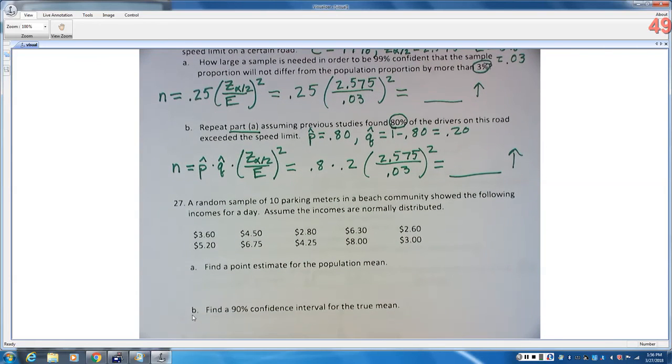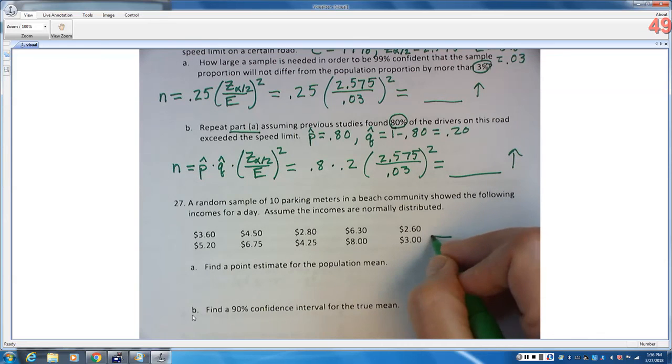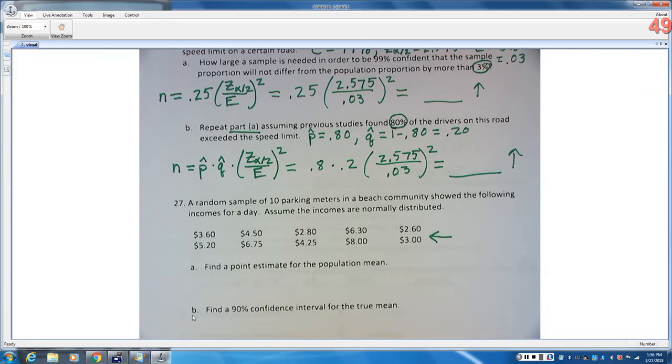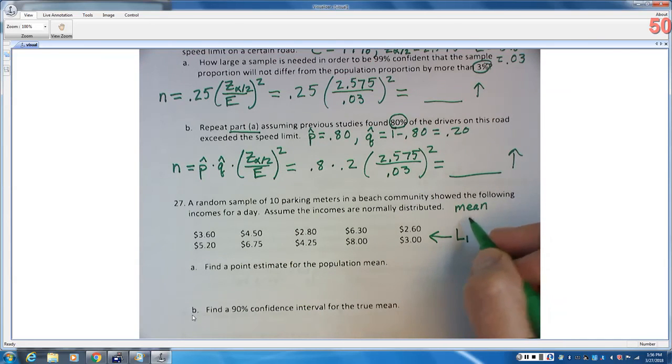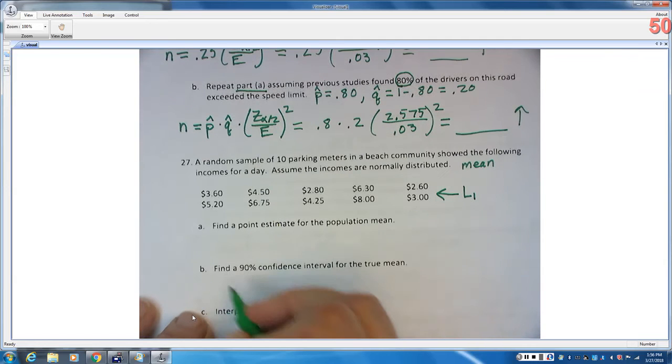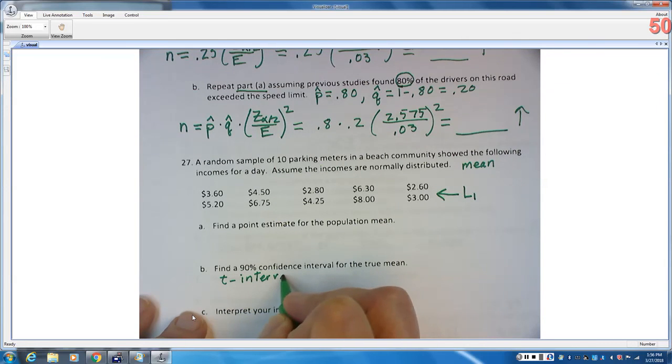And then on this last one, the way you do it, it's data, just like with the bunny computations. We put this data in our list 1. It's a test on a mean. We don't know sigma, so we're going to do a T interval with data.